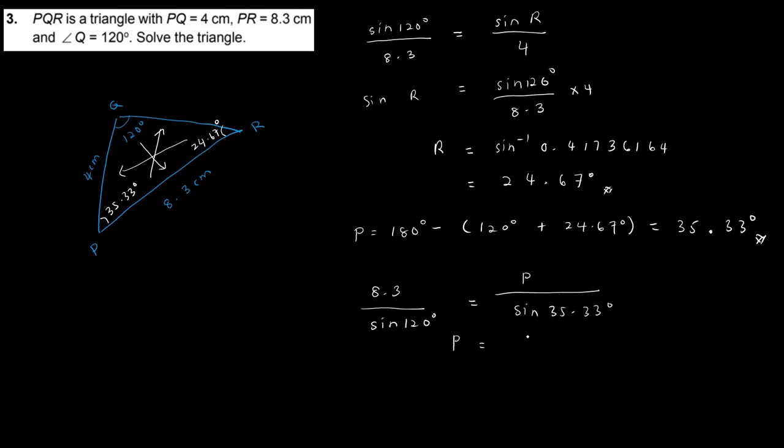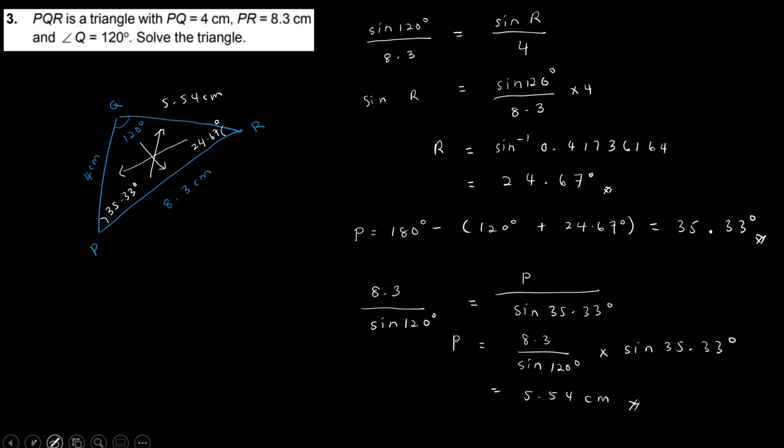Then p will equal to 8.3 over sine 120 degree multiplied by sine 35.33 degree. Make sure calculator is in mode degree, and if you calculate correctly, you will get the length equal 5.54 cm. So right here 5.54 cm, and with that we have completed this triangle.